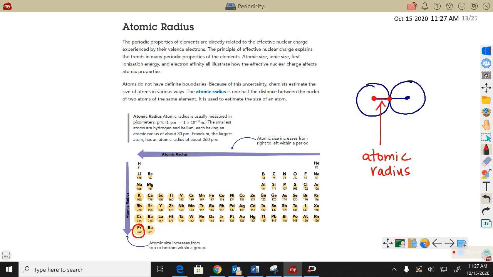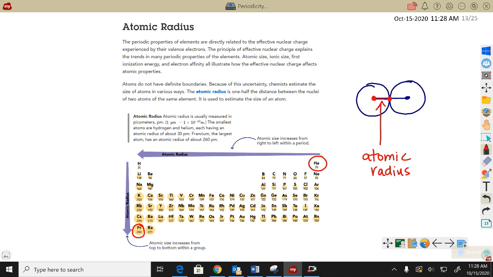But can you tell, between hydrogen and helium, that little yellow dot by helium is smaller? They're giving these approximate measurements in picometers, super, super tiny fractions of a meter. 1 picometer is 10 to the negative 12th meters.